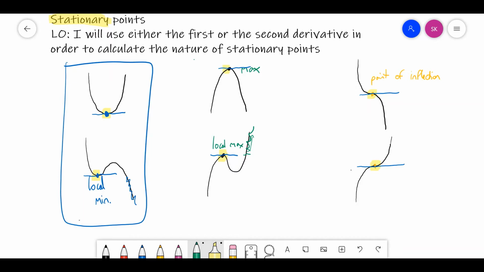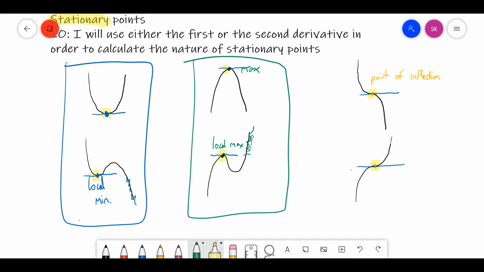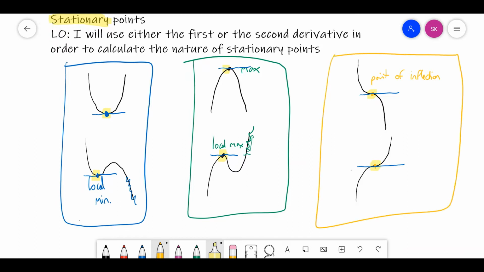Is it a maximum or local maximum point? Or is it a point of inflection? These are the 3 different types of stationary points that you are asked to find the nature of. So we're going to look at some examples now about how to do this. Make sure you're clear on the 3 different types of stationary points you can have. When you're ready to keep watching, press play.